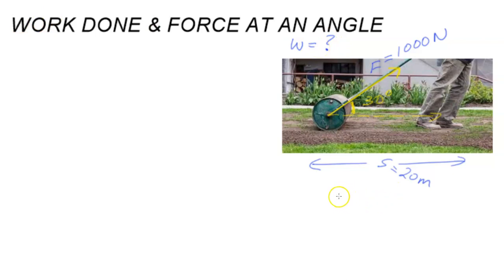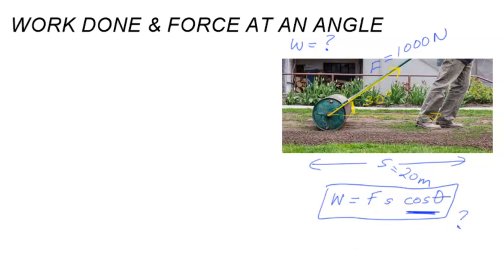So you'll probably guess that we'll need to use this equation. Okay, but where does this come from? Well, we've got a force that's acting at an angle. And that force can be broken up into its horizontal and vertical components.